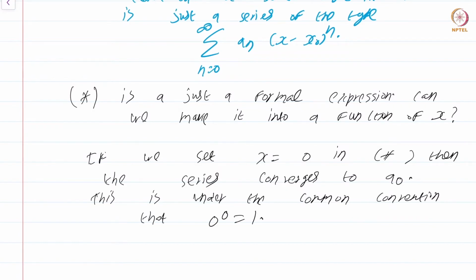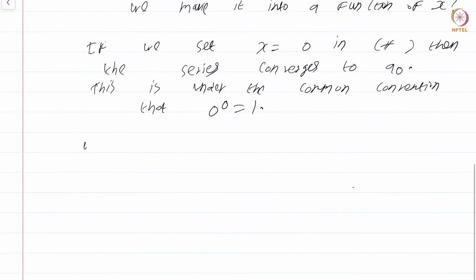Only under this convention does it happen that star converges to a naught. So under this convention, when you substitute x equal to 0, the series indeed converges, and it converges to the coefficient a naught. What about other substitutions? What about other values of x?